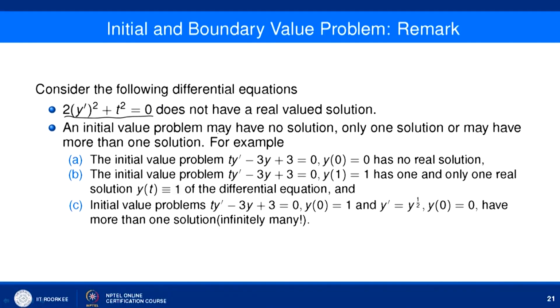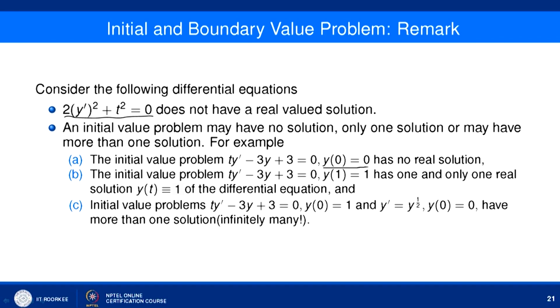Now, the second remark says that an initial value problem may have no solution, only one solution, or more than one solution. For example, consider the initial value problem t y dash minus 3y plus 3 equal to 0. In A, B, C we have the same differential equation t y dash minus 3y plus 3 equal to 0, and we are changing only the initial condition.